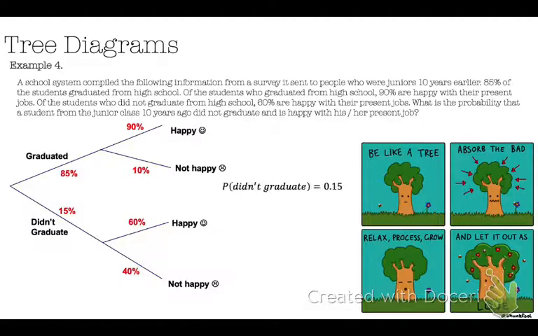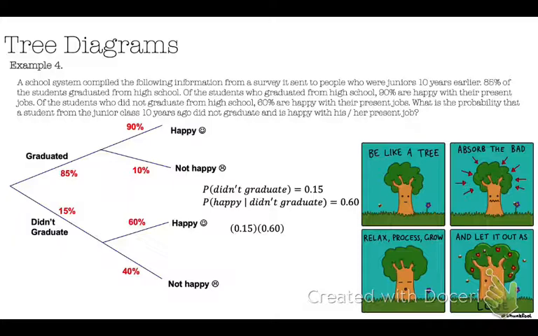So to find the probability that they didn't graduate and they're happy with their job: the probability they didn't graduate is 0.15, and the probability they're happy, given that they didn't graduate, is 0.6. So that's 0.15 times 0.6, which is 0.09. So that's 9%.